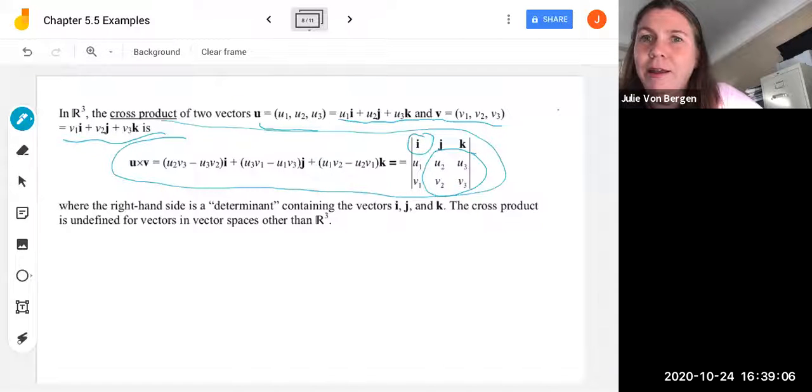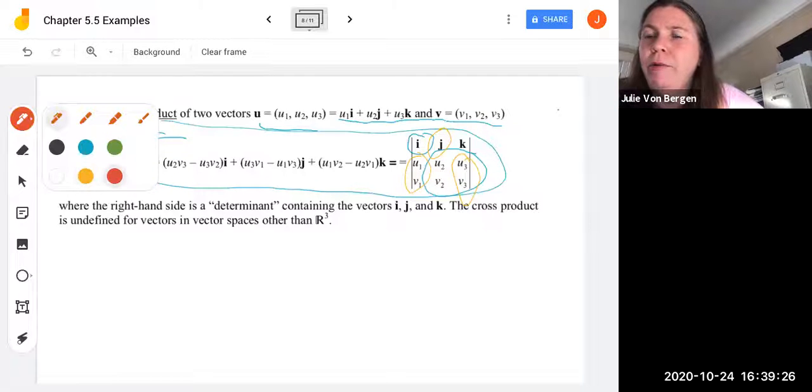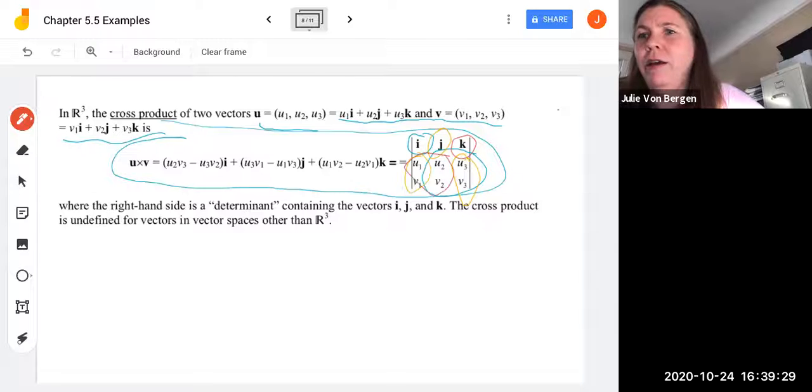And then u cross v, the second component is u3 v1 minus u1 v3. So if you want to visualize that, here's j, and we're taking the components that are not in the same row or column as j and doing the determinant there. And then for k, we take the determinant calculation of u1, u2, v1, v2, which gives us u1 v2 minus u2 v1 multiplied by k.